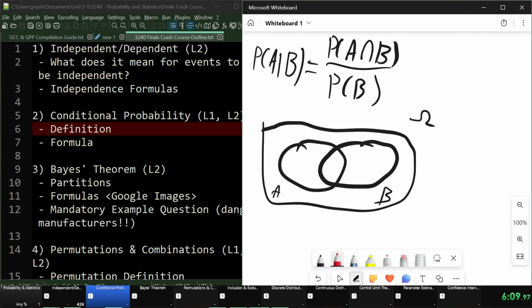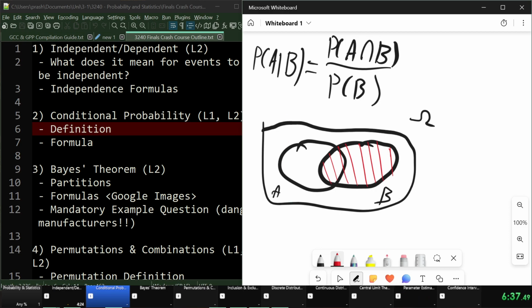What that means in the Venn diagram is that instead of considering everything in omega, we don't do that because we know that B has already happened. So this current thing we're examining is guaranteed to be inside B. So if you have something given B, this means that only inside B are all the possibilities you're considering.